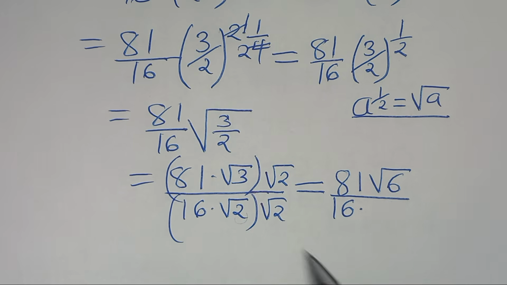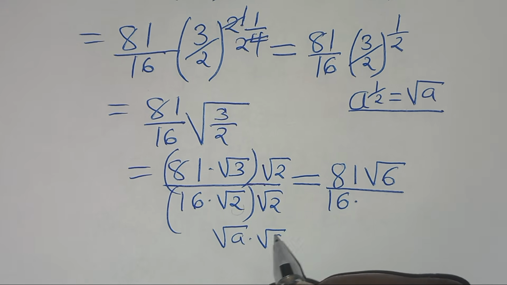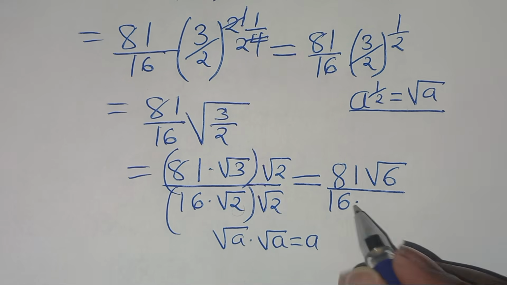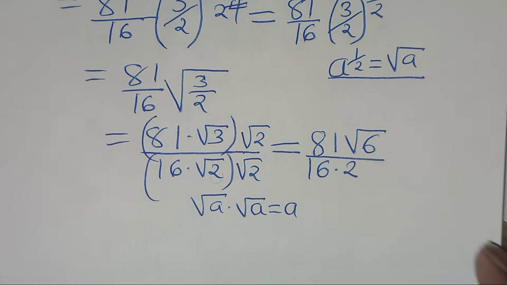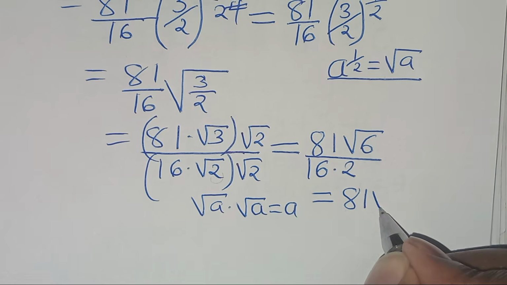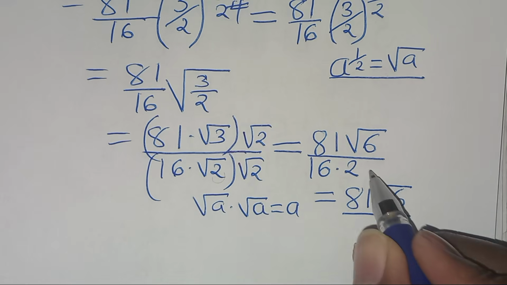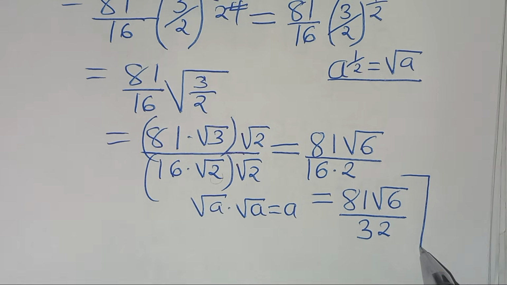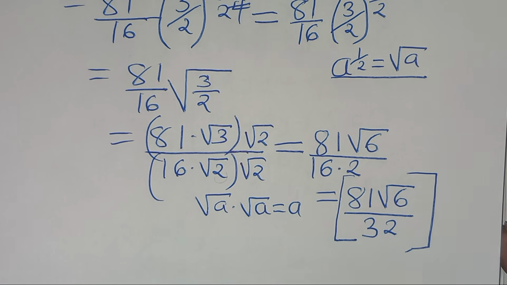This is the same thing as 2. Remember, square root of a times square root of a is equal to a. So here we have 16 times 2. And this is equal to 81 multiplied by square root of 6 divided by 16 times 2, which is equal to 32. And this is the solution by applying method 2.